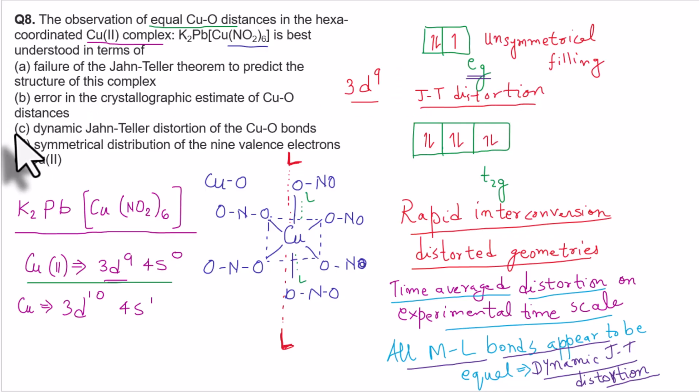So ultimately option C is the correct answer, where we have a dynamic Jahn-Teller distortion of the Cu-O bonds leading to all the copper-oxygen bonds appearing equal. I hope this explanation was clear, it's quite an interesting question on Jahn-Teller distortion, and I hope it is helpful.